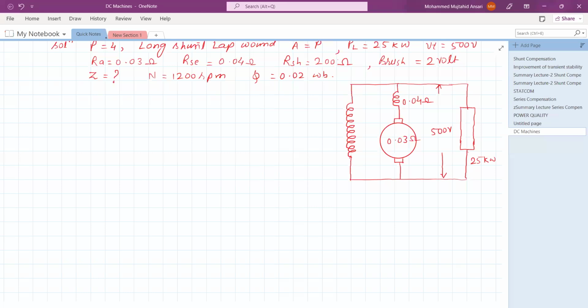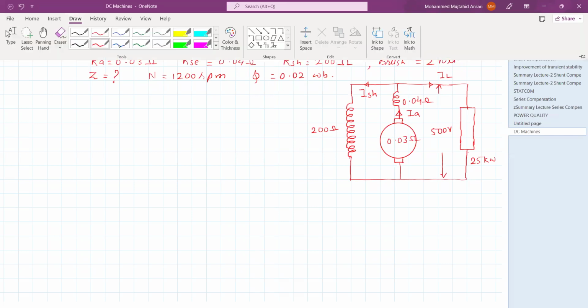And shunt field resistance is 200 ohm. This current will be ISH, this current will be the load current IL, and the current delivered by the armature is IA. Now we will try to calculate.